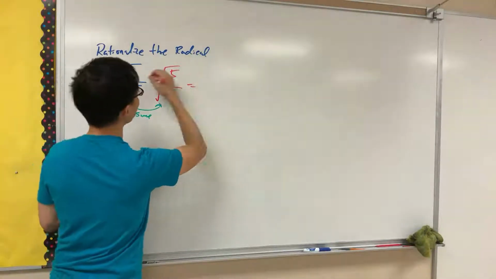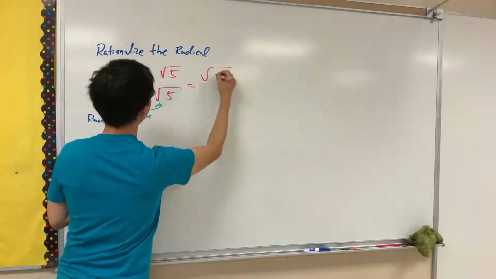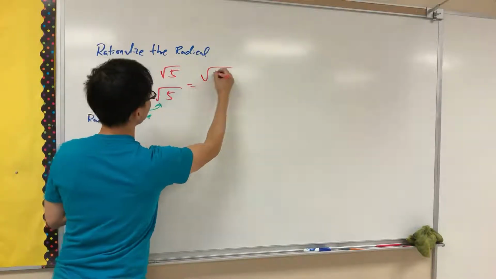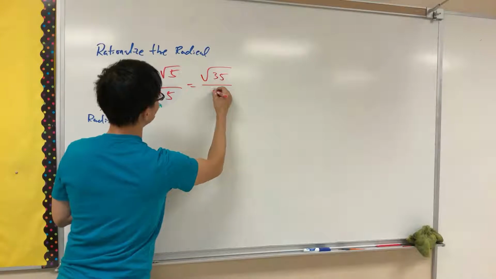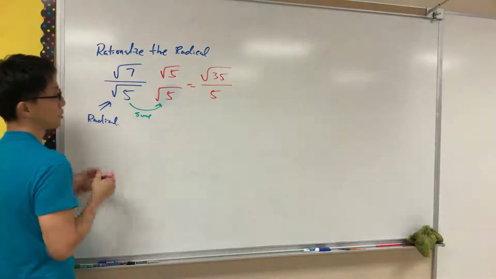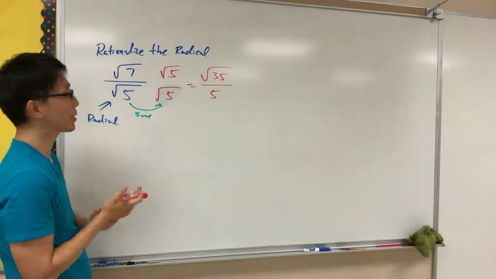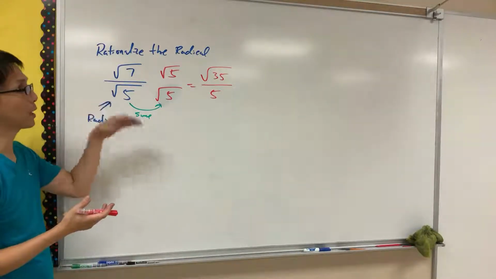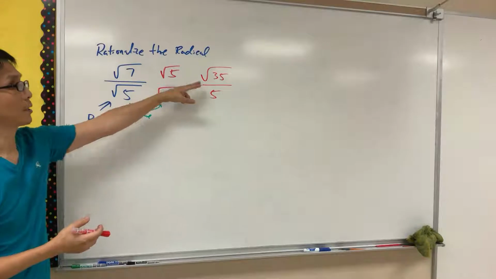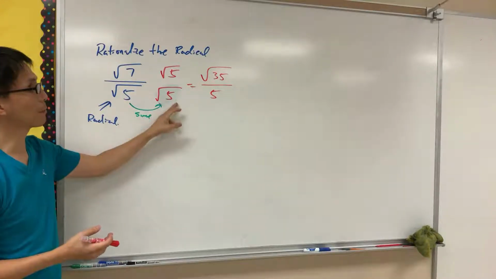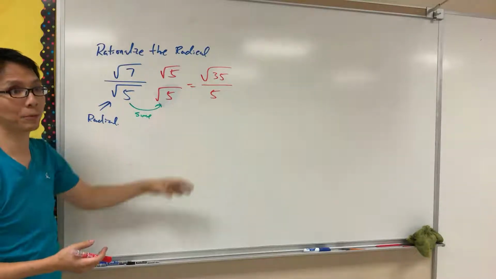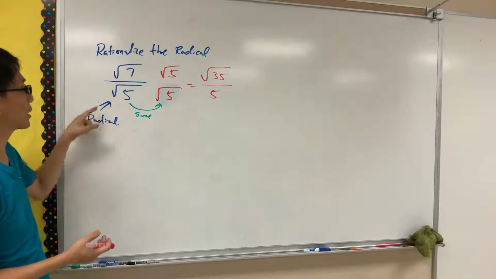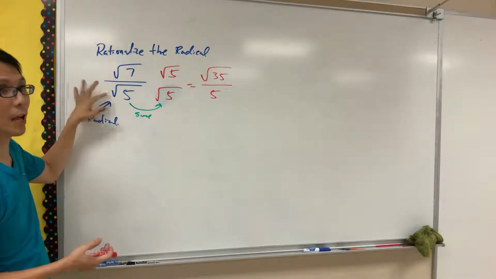Then you can simplify now, inside by inside, outside by outside. That's going to be square root of 35 over 5, because square root of 5 times square root of 5 is square root of 25, and that simplifies down to 5, which is something that we know. So square root of 7 times square root of 5 is the square root of 35. Square root of 5 times square root of 5 is 5. Now we got rid of the radical in the denominator. This is a radical in the denominator, which is not okay right now.